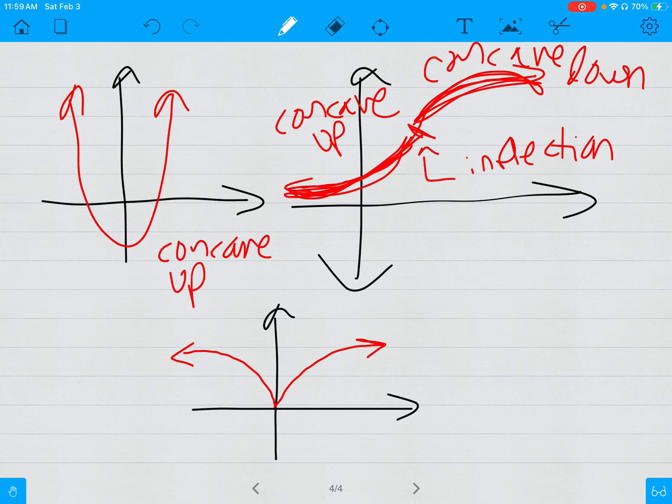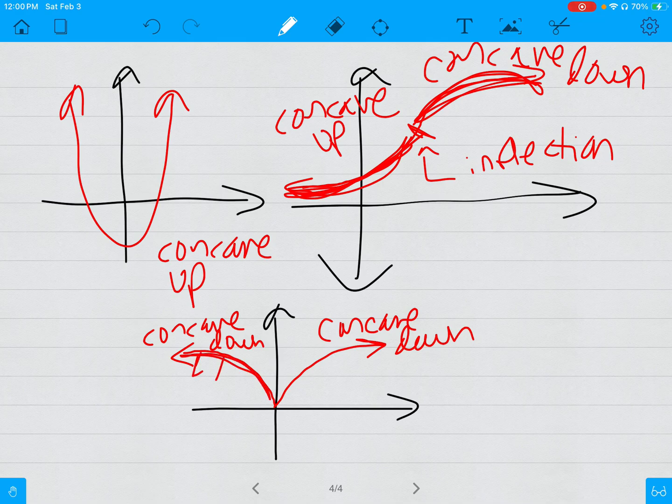So if we look at this graph, you'll notice that it's actually concave downward the entire time, right? Both of these, their cup shape is pointing downward, both sides of that V. That whole thing is concave down.